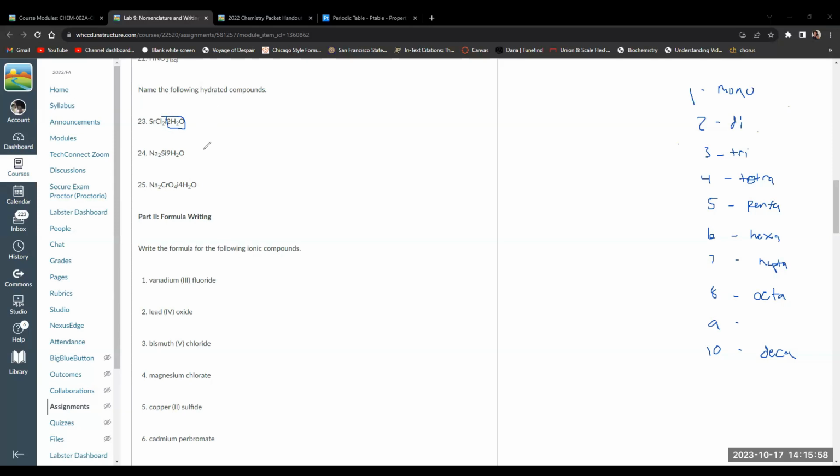That is the only time we will use a prefix when it comes to these compounds.